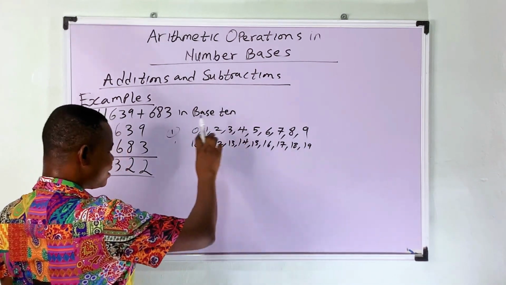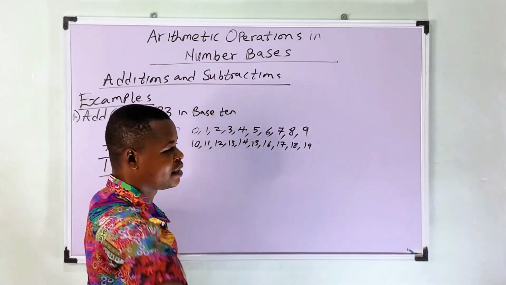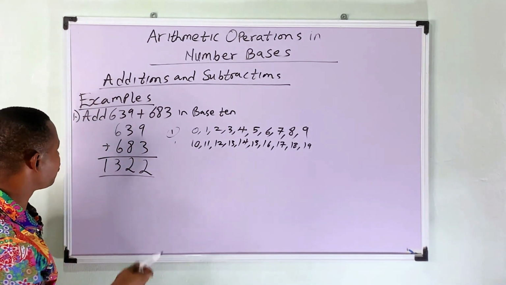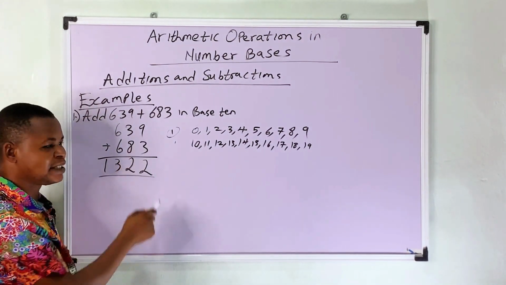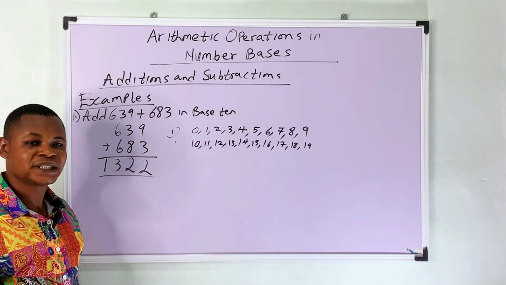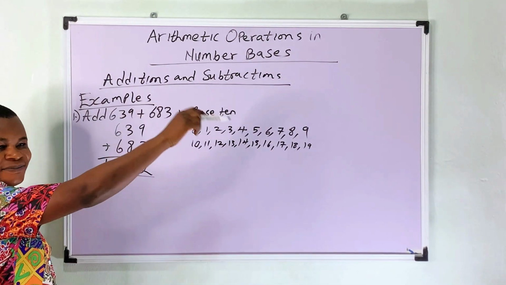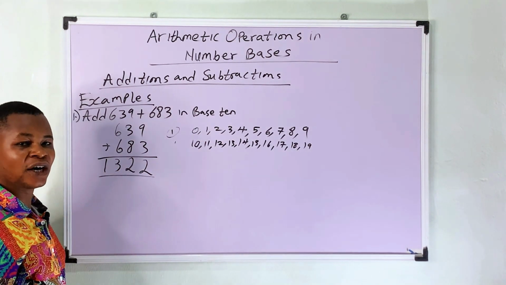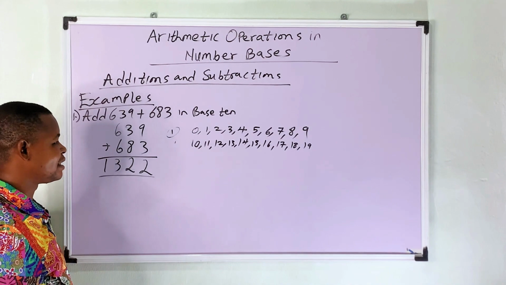When we get to 20, we continue like that. Now, let's come back to the 1 we keep here. When you say 9 plus 3, that is 12, which exceeds the threshold of digits that we could get in base 10.